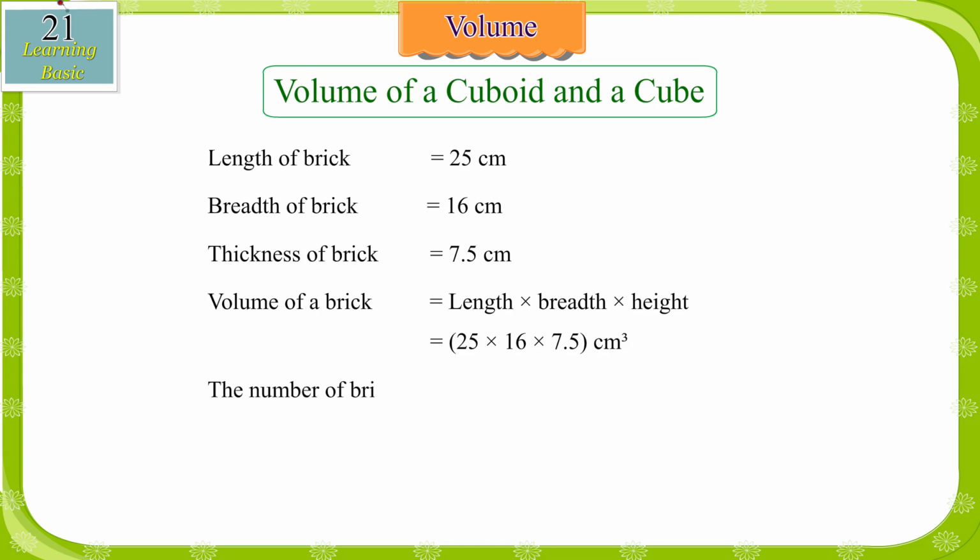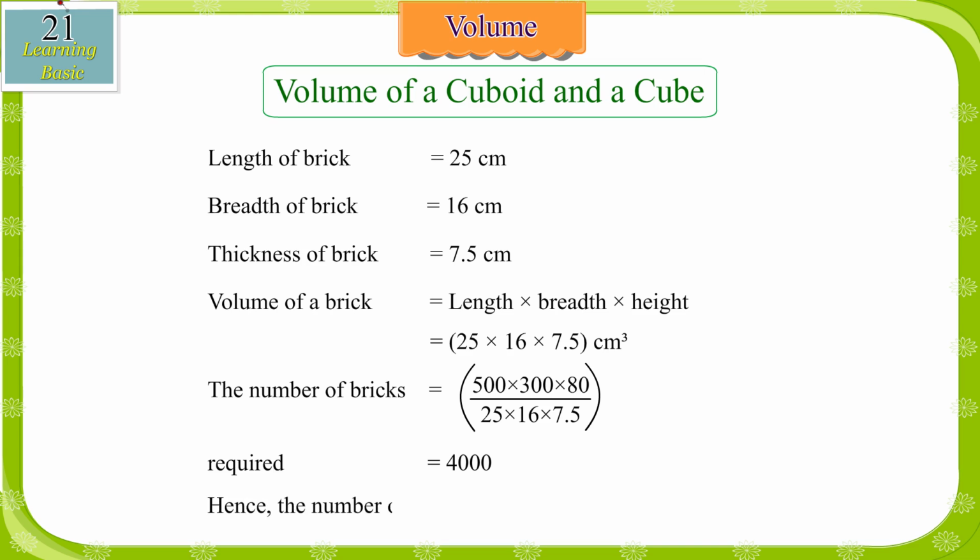Therefore, the number of bricks required is equal to 500 into 300 into 80 upon 25 into 16 into 7.5, which is 4000. Hence, the number of bricks required is 4000.